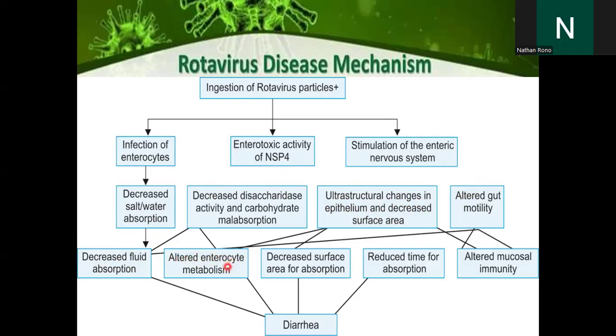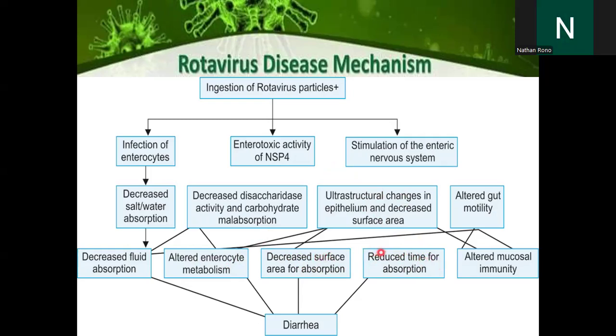Altered enterocyte metabolism, then decreased surface area for absorption, reduced time for absorption, since what happens with diarrhea, peristalsis usually occurs at a very fast rate. And when it occurs at a very fast rate, absorption of nutrients is not possible, okay?